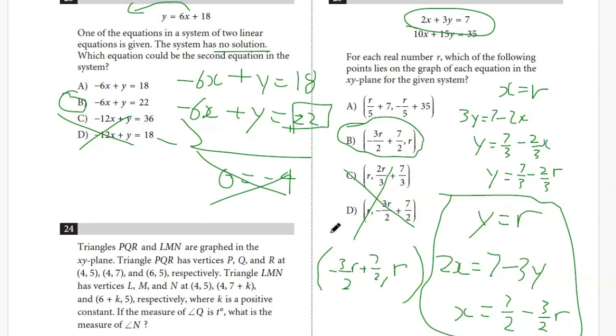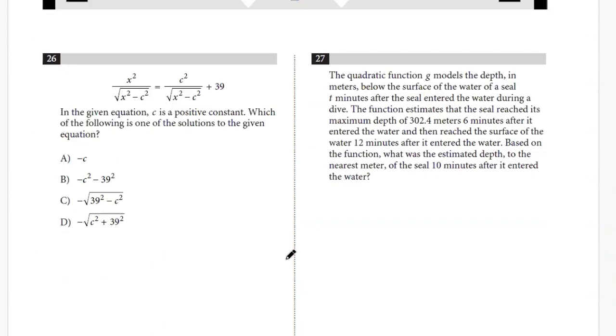Okay. All right. Question 26. In the given equation, c is a positive constant. Which of the following is one of the solutions to the given equation? Well, I'm going to first move this over here.